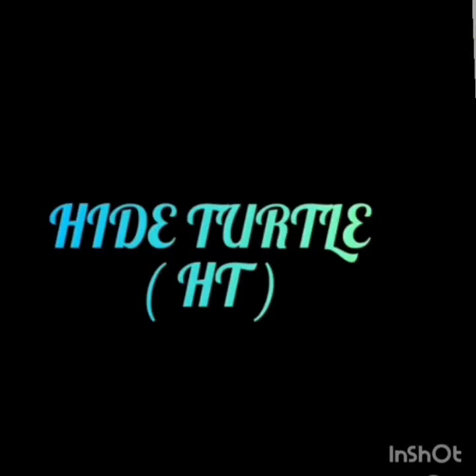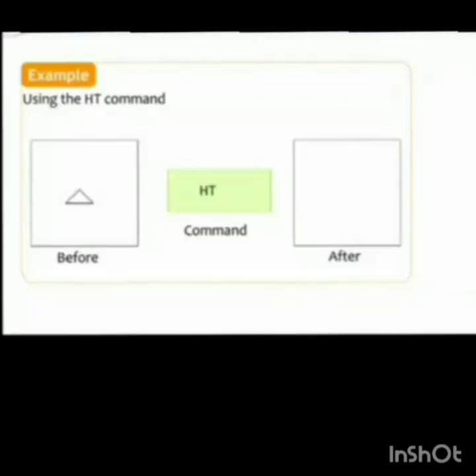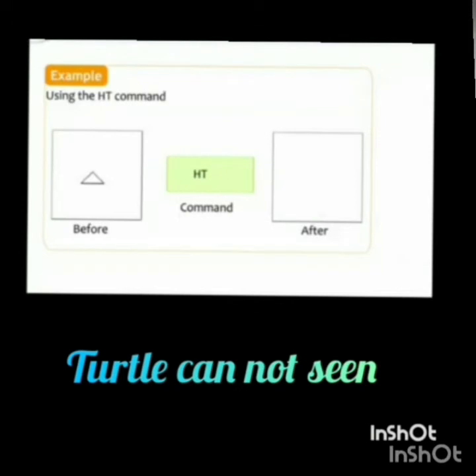Next, Hide Turtle. Its short form is HT. This command is used to make the turtle disappear from the graphic window. The turtle continues to draw but cannot be seen. For example, FD 60, forward 60.